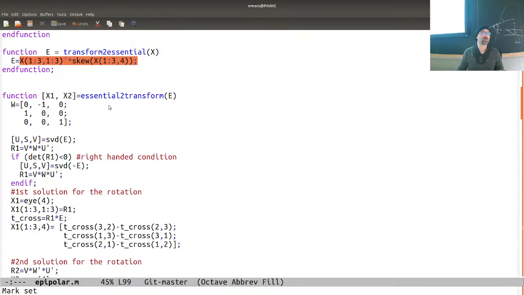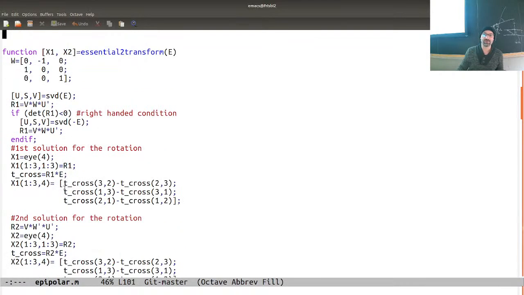For essential to transform, we have the procedure in the book. We have our W matrix, we calculate the SVD decomposition, and then we try T, minus T, R, minus R. In the end, I will return only two transforms, because I have one transform for W, one for minus W, and then you can obtain T and minus T just by flipping.